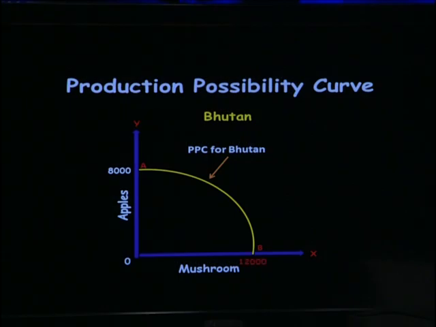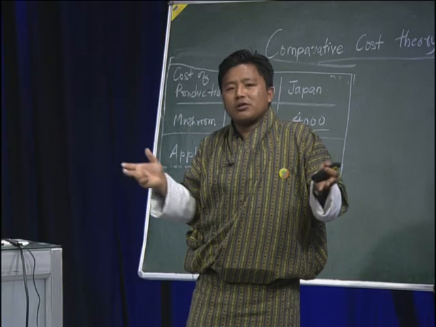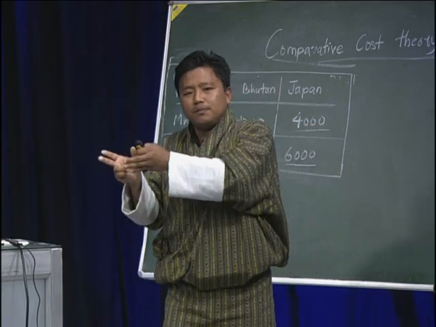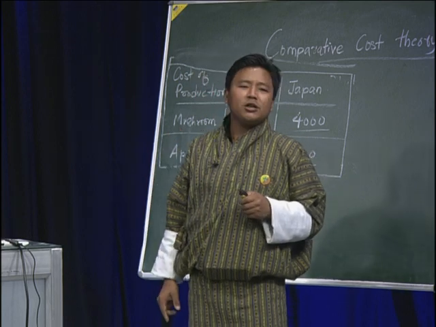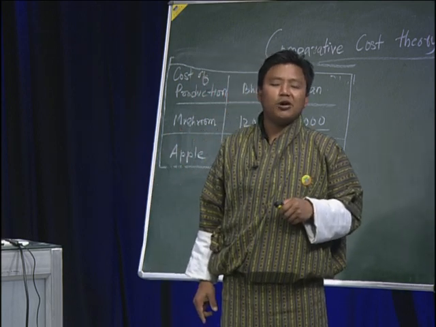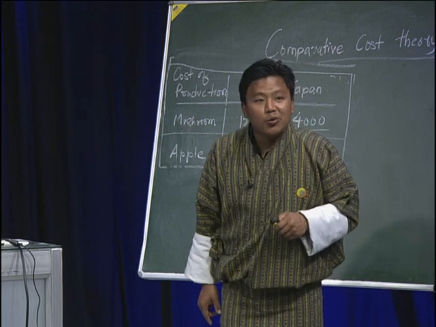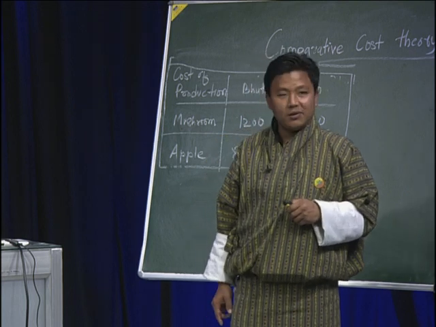Similarly, at point B, this shows the maximum amount of mushroom that Bhutan can produce when all the resources are used in the production of mushroom. So at point B, Bhutan can produce 12,000 kg of mushroom and 0 kg of apple.